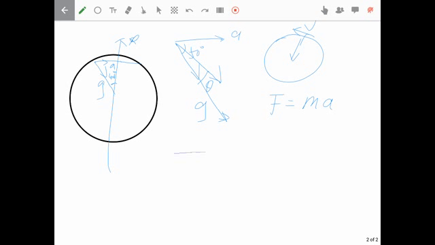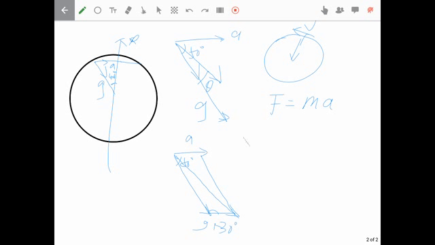So a here, g here, 50. The diagonal is the net acceleration. If that's 50, this angle must be 130, because of the parallelogram.